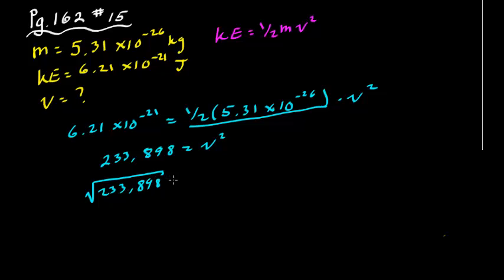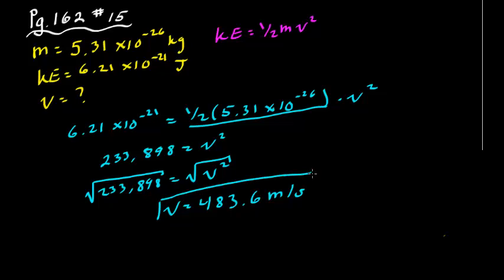And our velocity equals, and I did this beforehand, 483.6 meters per second. And that matches very well with the answer in the back of the book. Hope this helps.